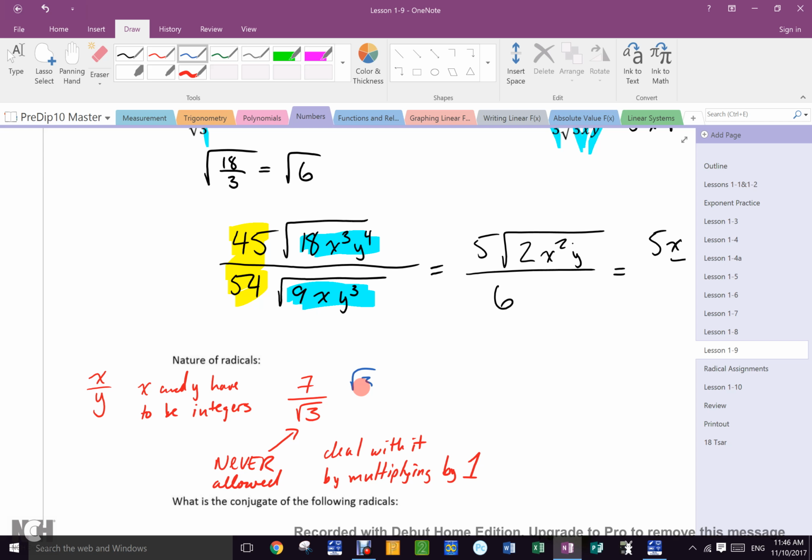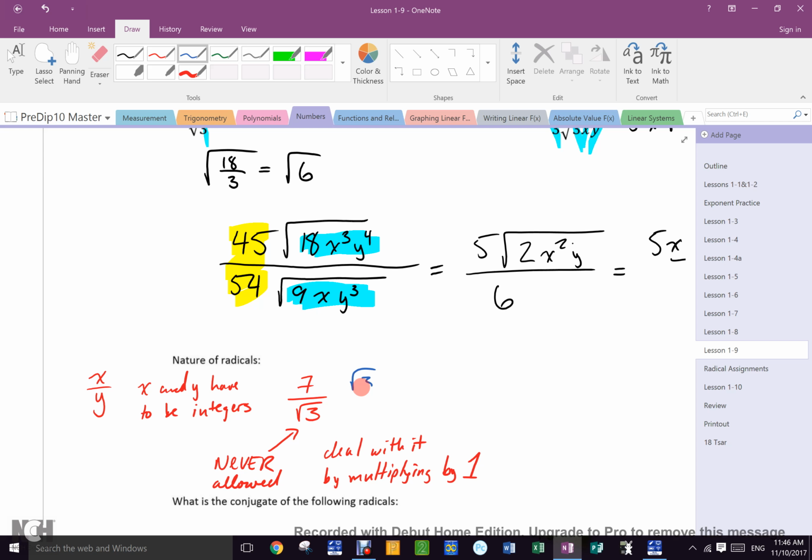Okay? This process is called rationalizing the denominator. And you always have to do so. Everybody cool?